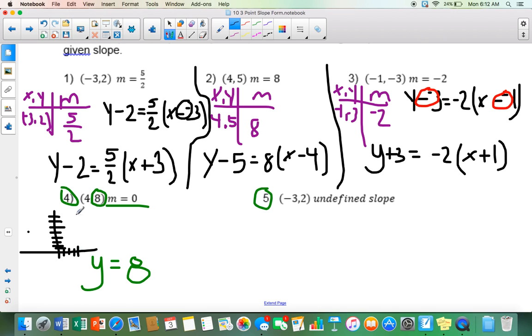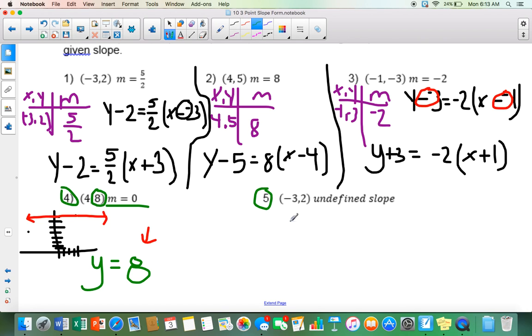So my point is 4, 8. So there's my point. And I know if my slope is 0, there's no counting up and over. I know this is my line, which means it's going through the y-axis at y equals 8.